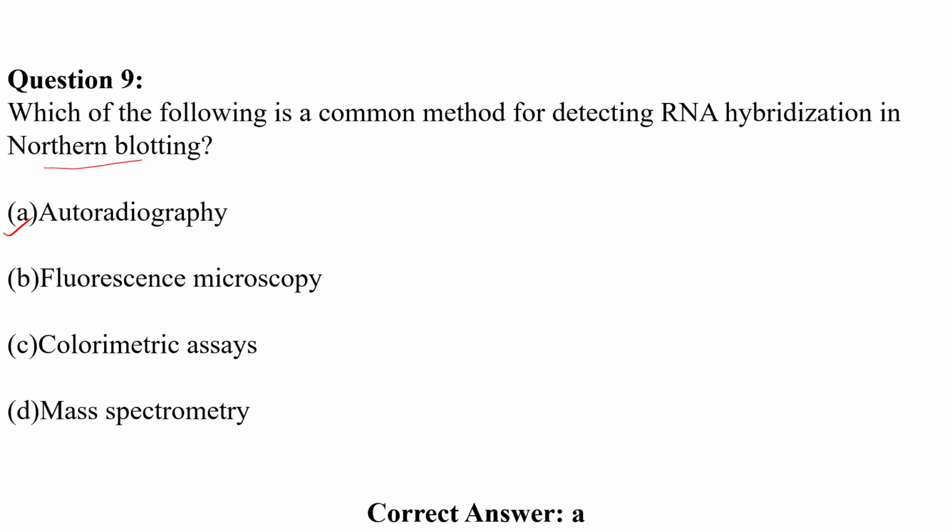Similar thing can be done for mRNAs, whether the mRNA is being expressed or not, and what the expression level of the mRNA is. To check that, we can isolate the mRNA and separate it on a denaturing agarose gel, and then different bands will be there on the gel.